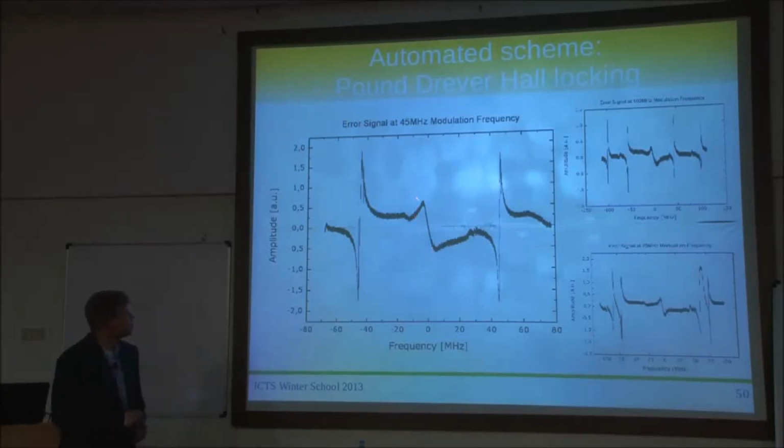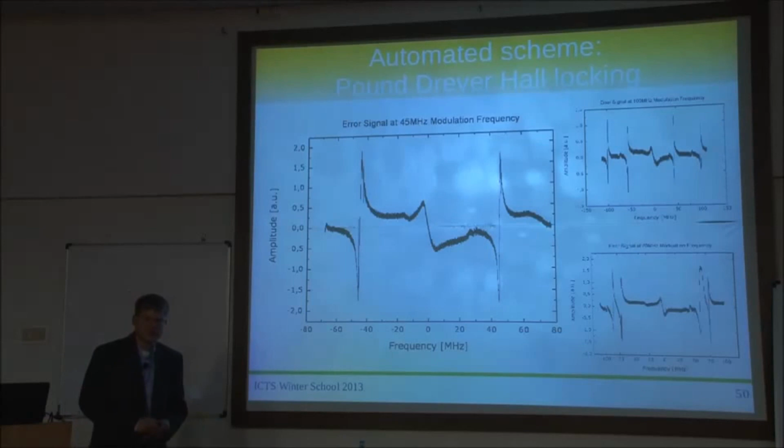What you see in the middle here is the signal coming from the carrier. It's aligned well. This point in the middle would be the point where you want to have the laser, and these are the two sidebands. A typical Pound-Drever-Hall signal looks a bit different. In a typical case, you have a much higher carrier and smaller sidebands.